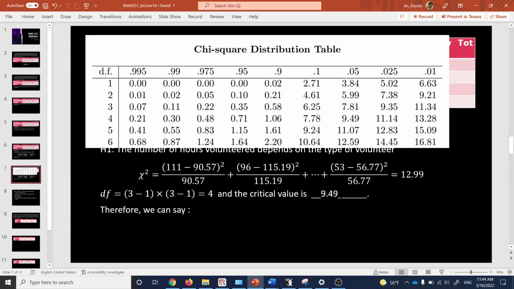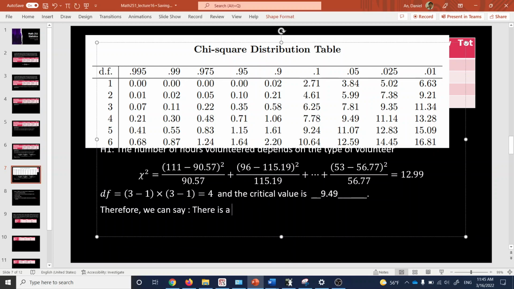Okay, and because 12.99 is above that level, you can see that this says that the difference between the expected and the observed is pretty big. And therefore, what can you conclude?